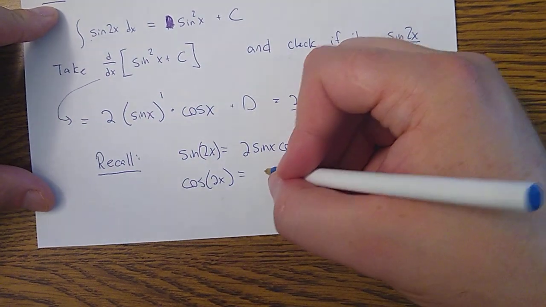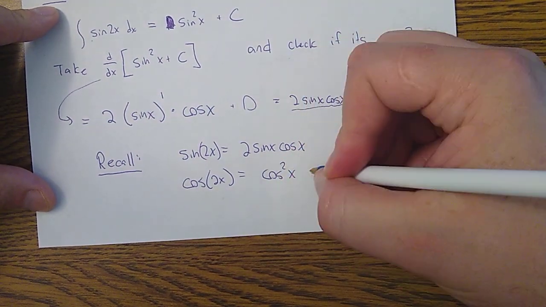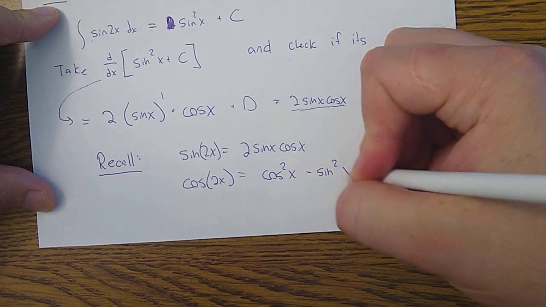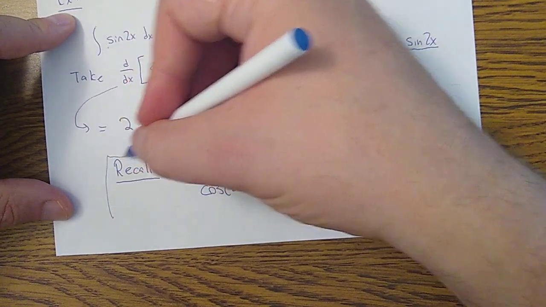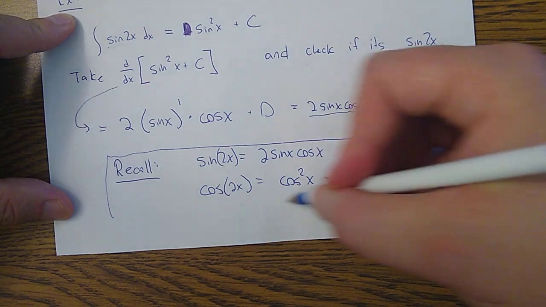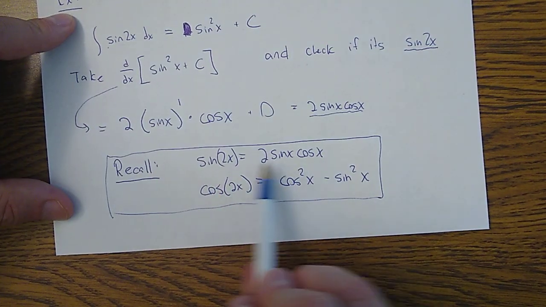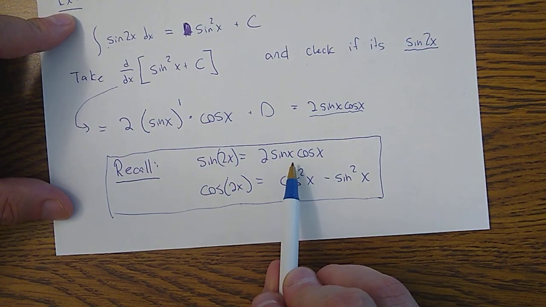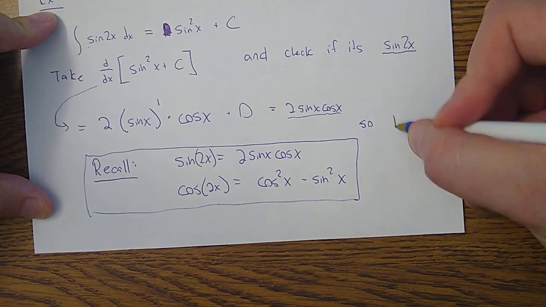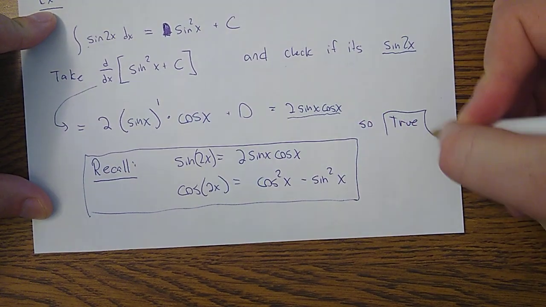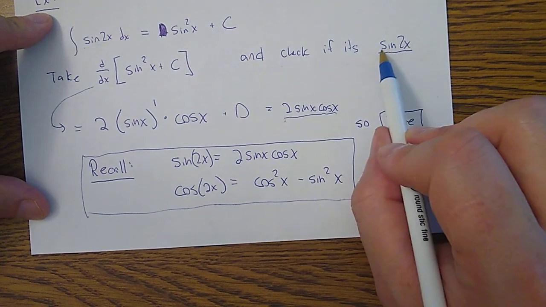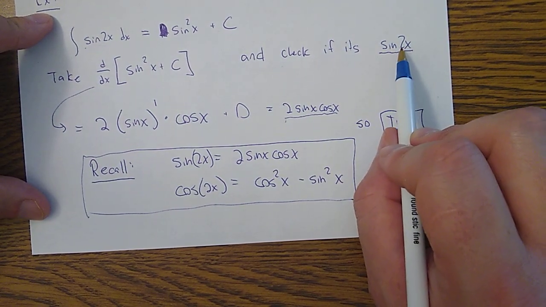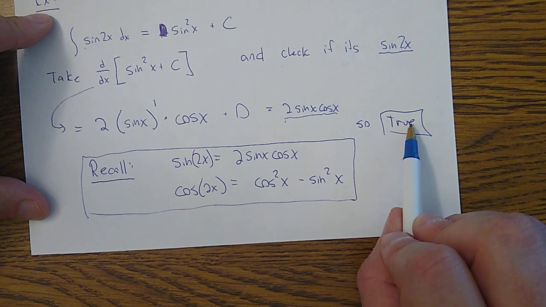Cosine of 2x is cosine squared x minus sine squared x. So this one is relevant to this problem. This is the answer we got, and it's the same as the answer that we were checking it against. So I would say this is true.